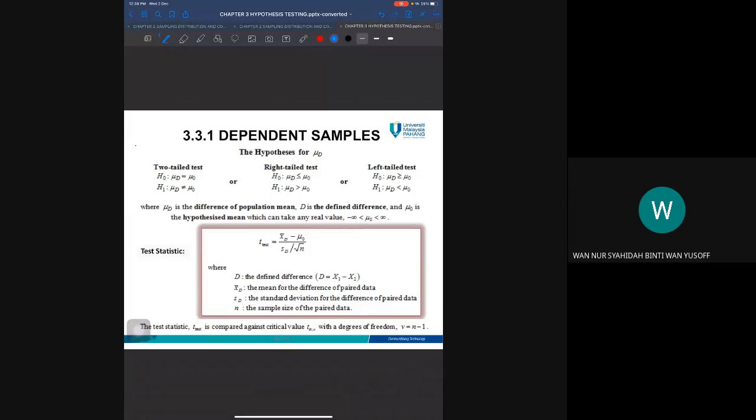We combine those two data and then we analyze based on that single data. So how do we combine? We calculate the data difference. So at the end, all the calculation is based on that single data. That's why your parameter will be similar to a single population mean.